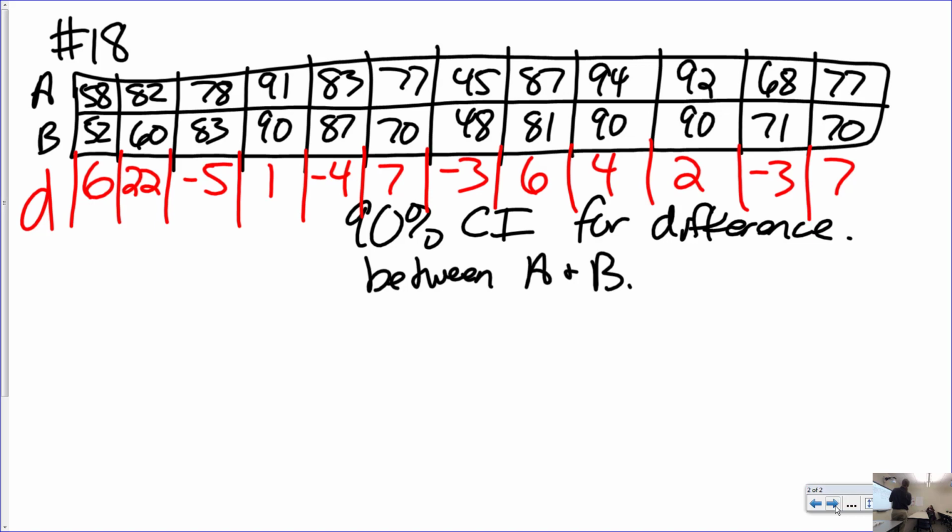Fifth number is negative 4. Sixth number is 7. 2 negative 3s. Seventh number is negative 3. 6 more. Oh, I have 6 in there twice. That explains it. And I have 1 4, right? I have 1 2, right?